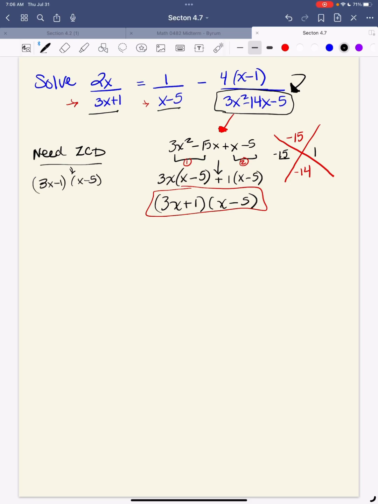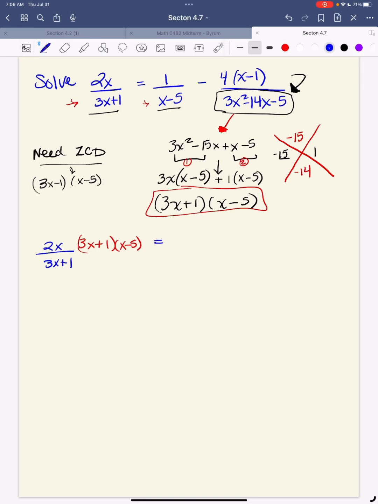Now, this means that I'm going to take what I'm working with and multiply by that LCD to each term. The 3x plus 1, the x minus 5.